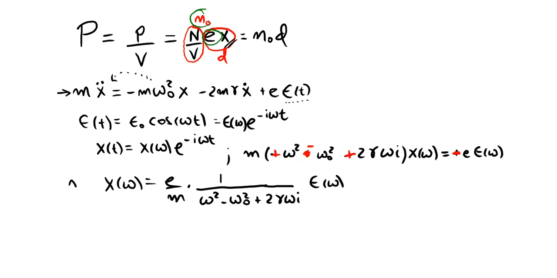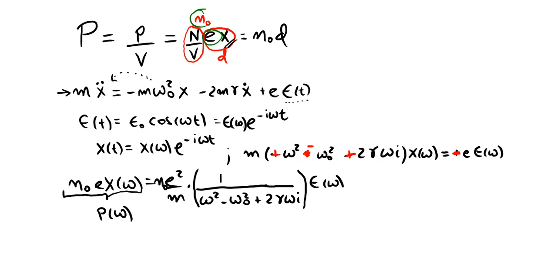So I have n0 E multiplied by E squared, n0, and this term here is the polarization itself, right? So this is P of omega.